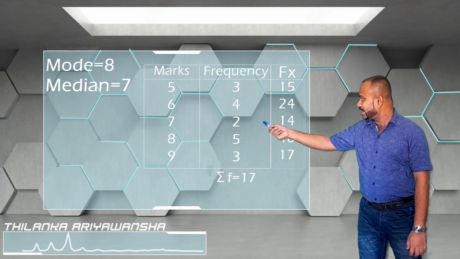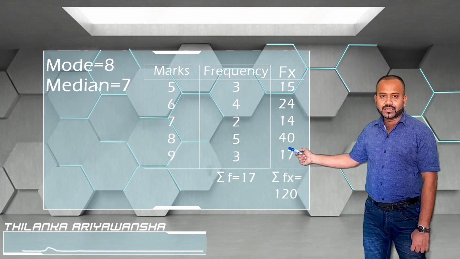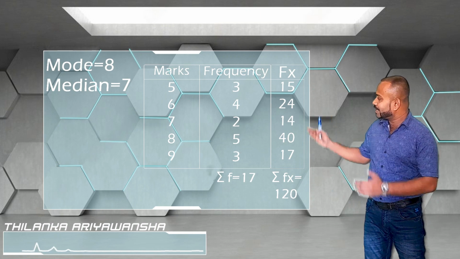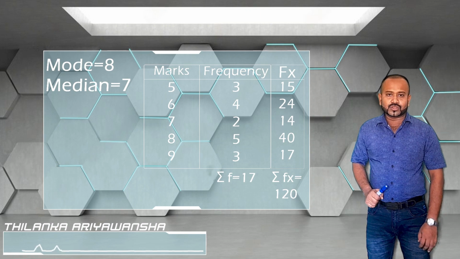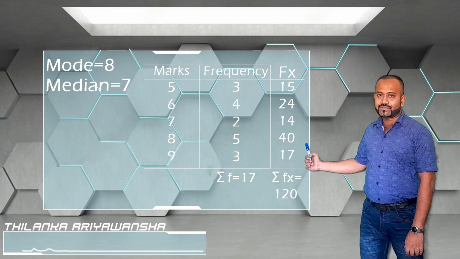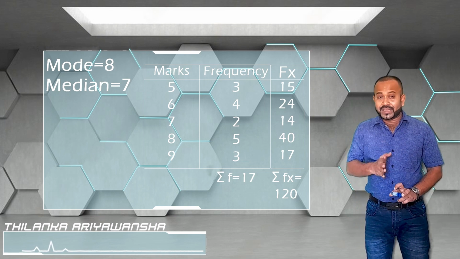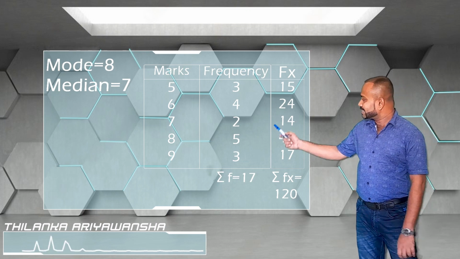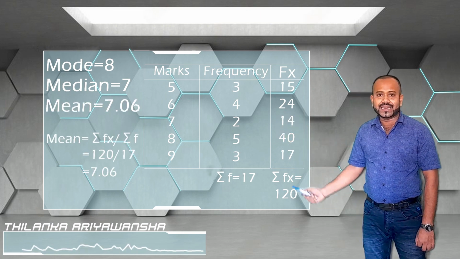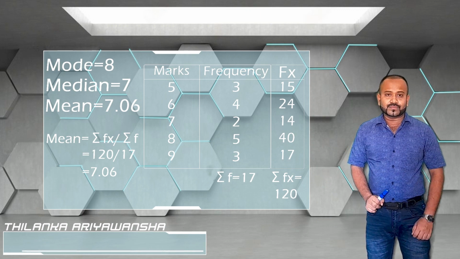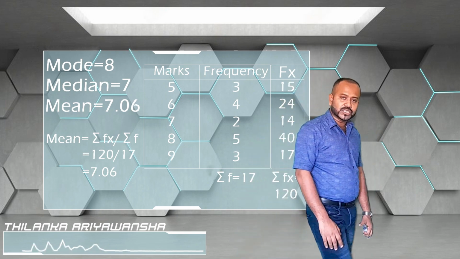Likewise, I have multiplied all the values and finally got the total here. We name this column the fx column. We have the total here, and we have sigma f here. Now we can find the mean using the formula sigma fx over sigma f. We get the values from this table and are able to find the mean. Okay, I think you understood this. Thank you so much for watching.